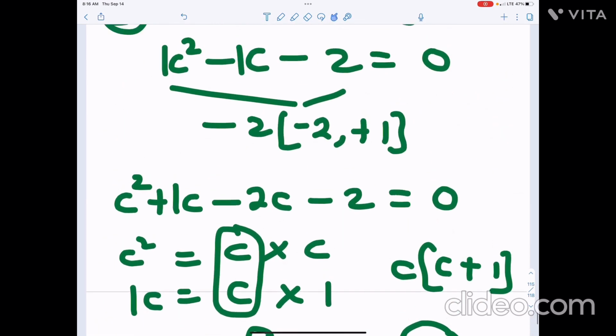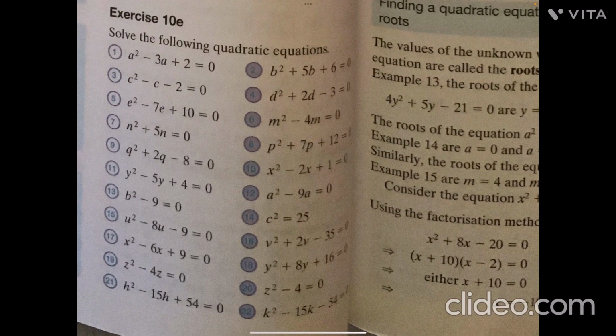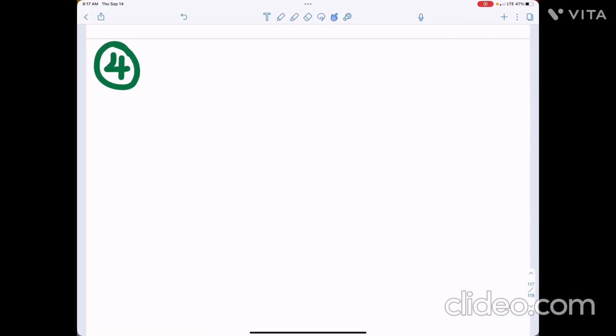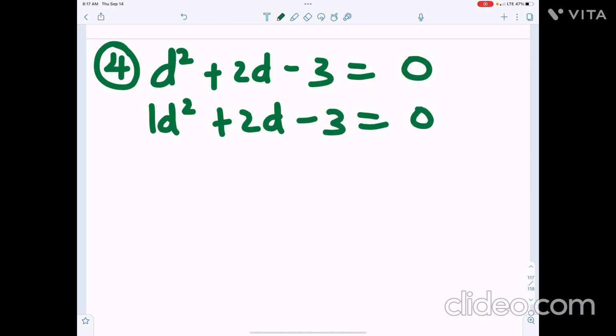Okay, I did numbers wrongly. Question 4 now is d squared plus 2d minus 3. Question 4. D squared plus 2d minus 3 is 0. D squared is the same thing as 1d squared plus 2d minus 3 is 0. I'm supposed to multiply 1 by minus 3. 1 times minus 3 will give me minus 3.